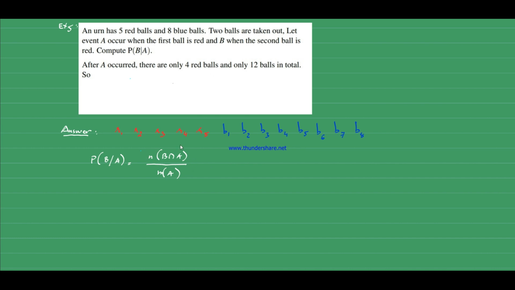So we need to figure out how many elements are in this set.